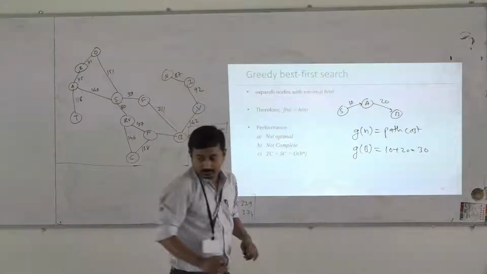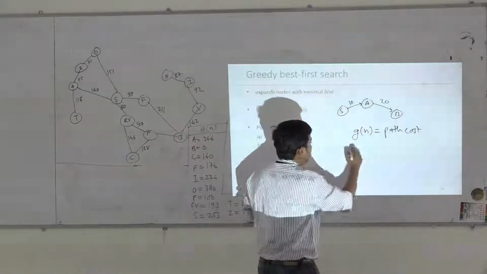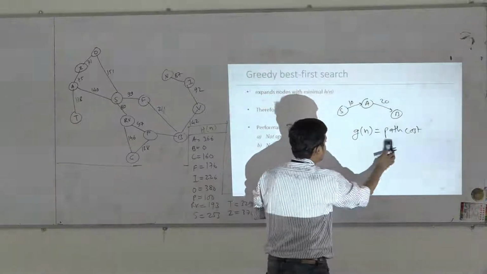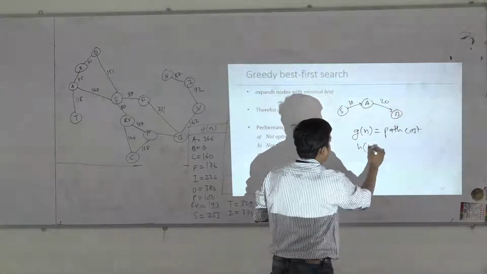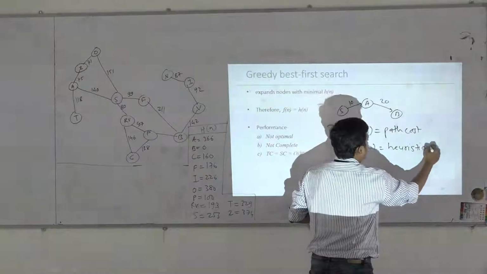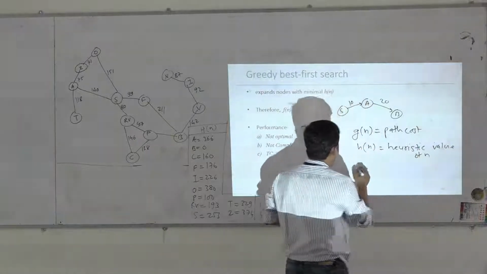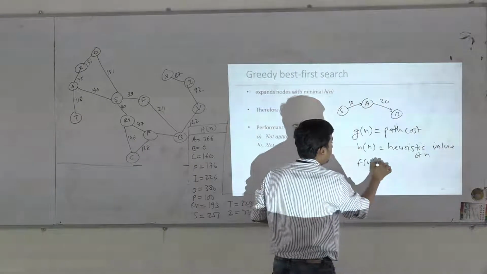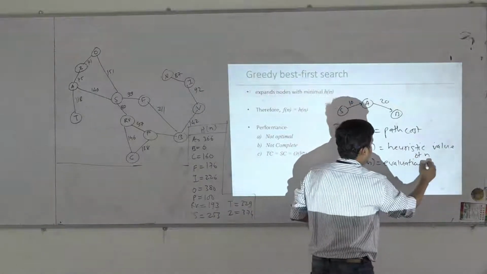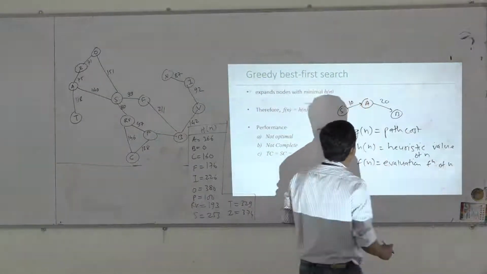The next function that we are seeing here is h of n, which is the heuristic function, the heuristic value of n. And then recently we have seen the evaluation function, f of n.